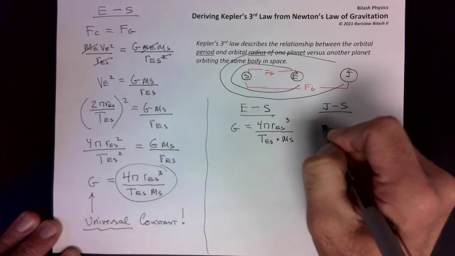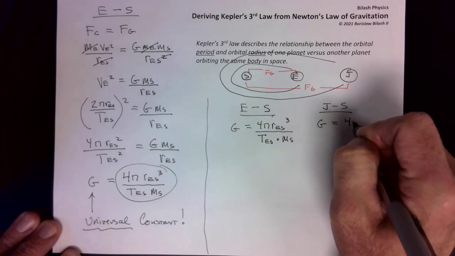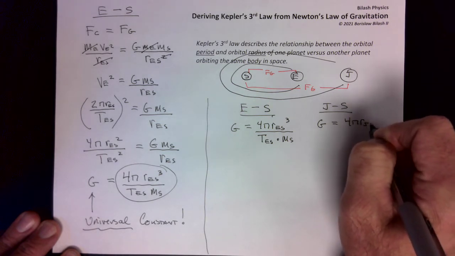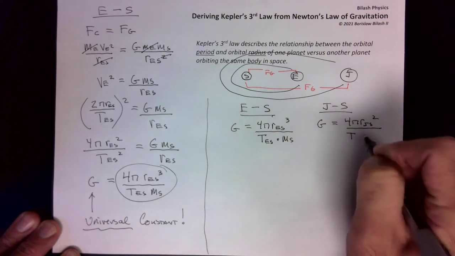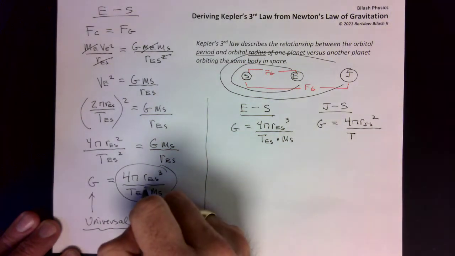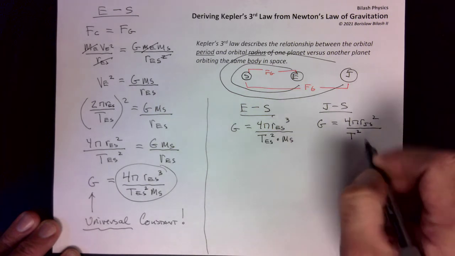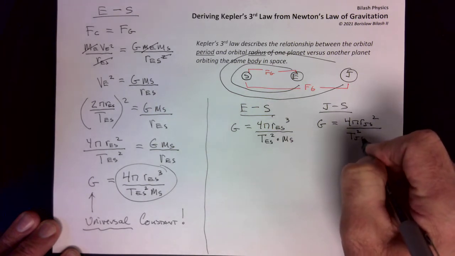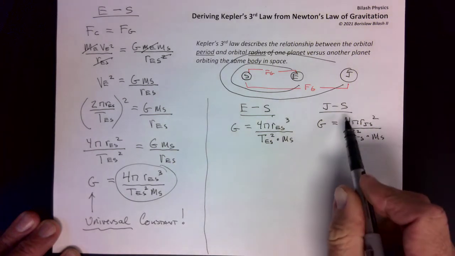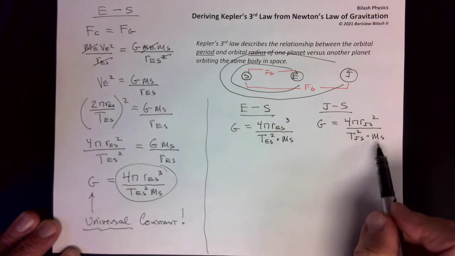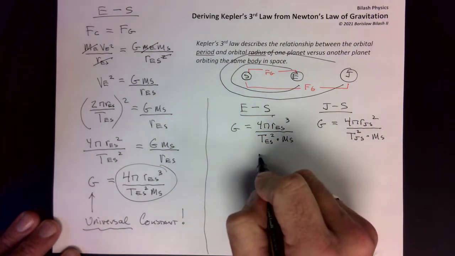And I can say the same thing for Jupiter: G is equal to 4 pi squared R Jupiter-Sun cubed divided by the period TJS squared, times the mass of the Sun. See, both Jupiter and the Earth are orbiting the Sun. So these two equations, I can set them equal to one another.